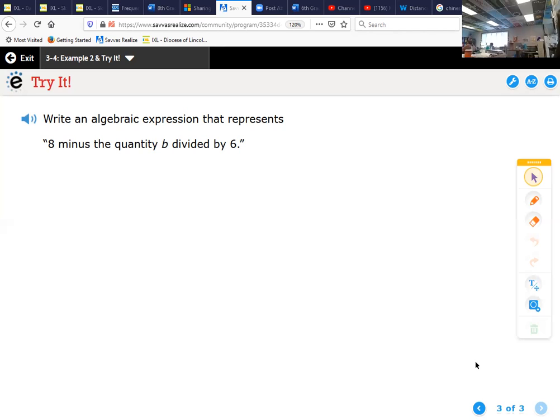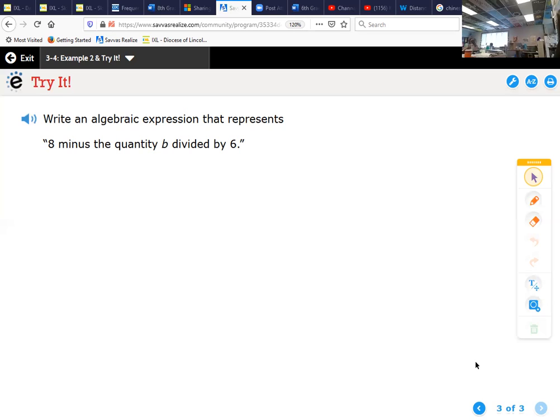I probably write it out like this, because you can read it from left to right: 8 minus the quantity b divided by 6. Do you need the parentheses? Technically, in this case, no. That's a great question. You don't, but because they use the word quantity, it's always nice to put it in, just to be safe. If you follow order of operations, you should divide first no matter what. So the parentheses are just kind of extra.